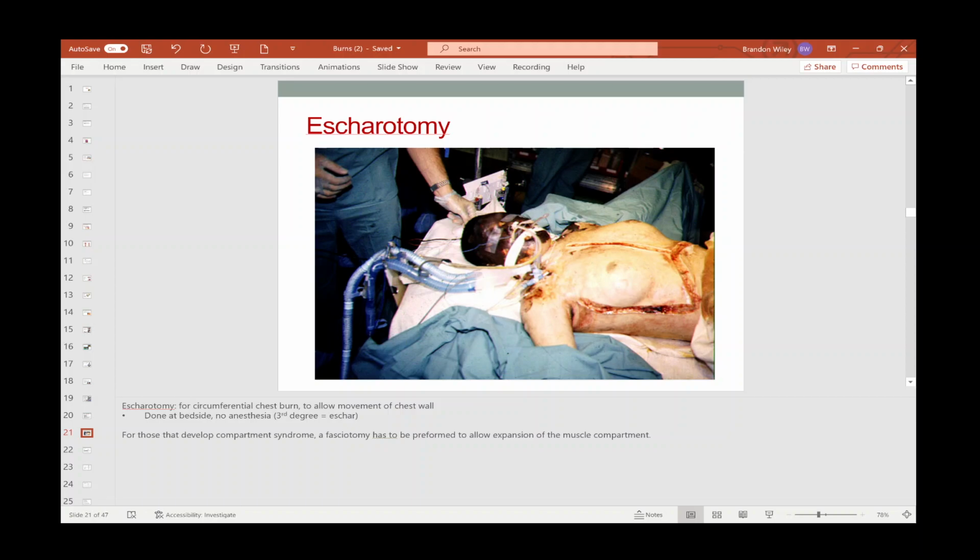You'll also learn about compartment syndrome on the limbs, and you will also have to cut into that tissue in order for it to have room for expansion. So you can see here that they basically just cut the skin open, so then her chest wall could have movement.